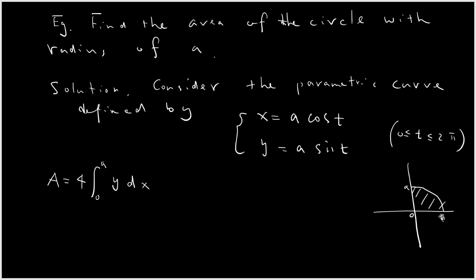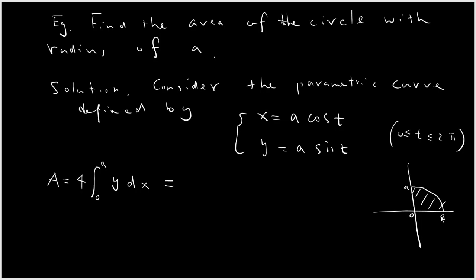This time with the parametric curve, it's much easier to evaluate the integral. Probably we have seen how to use the Cartesian curve to evaluate the area or the integral. But trust me, with the parametric curve, you are going to see it's much easier.